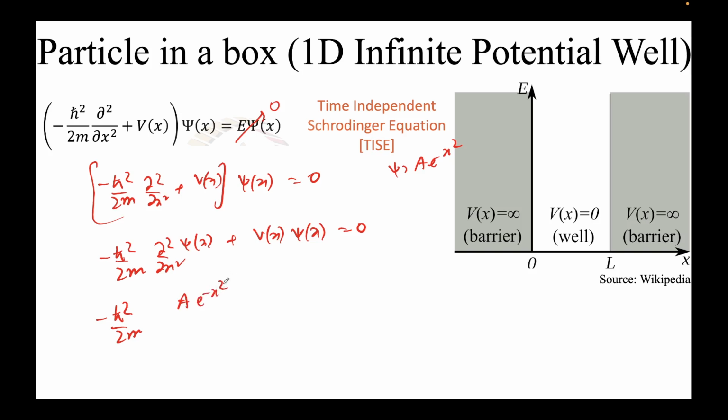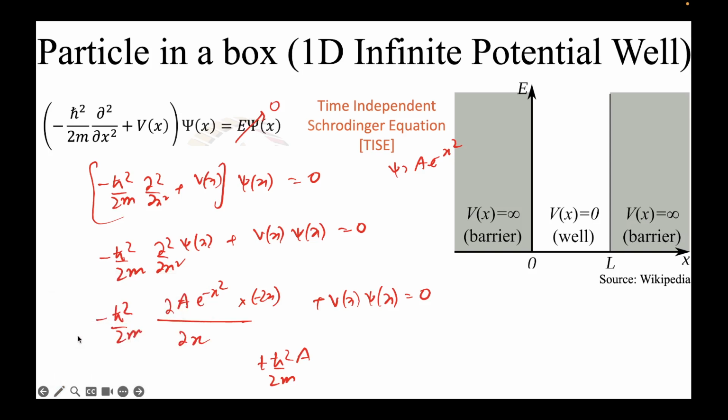Then we take the derivative of the exponent, minus x square gives minus 2x. There's one more derivative after this, plus V(x) psi(x) equal to 0. I've just taken the first derivative, now I'll take the second derivative, h cut square by 2m. A is a constant, so is 2. Let me do it again, sorry about it.